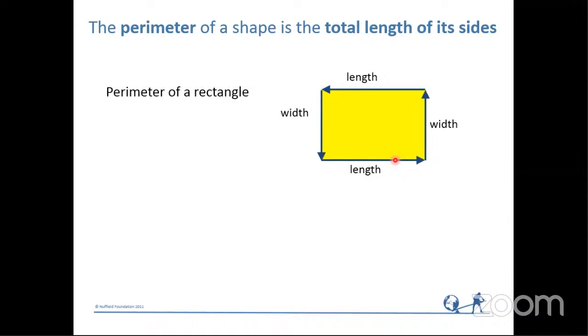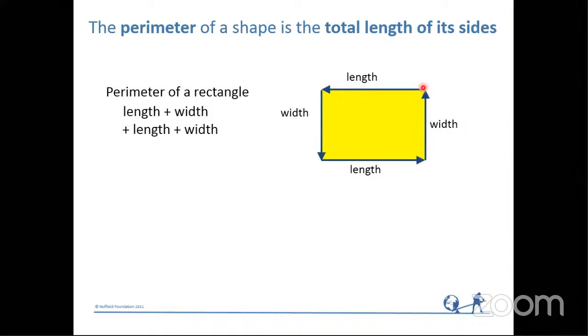Then we again add the width. So when we move around this figure, it gives us the perimeter. In simple terms, it is equal to length plus width plus length plus another width. Is that okay?